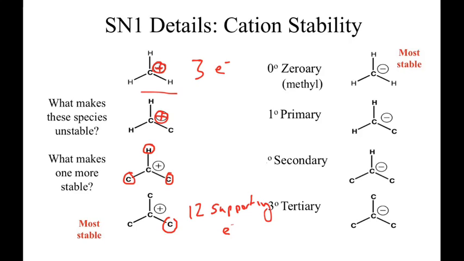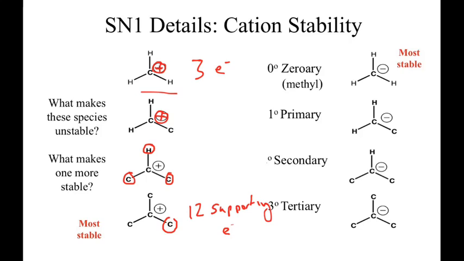Okay, so our tertiary cation is more stable because there's more electrons nearby to help pseudo-stabilize it. There are other ways to stabilize cations. In this case we're just looking at the proximity of electrons being nearby, but we aren't actually moving electrons towards it.